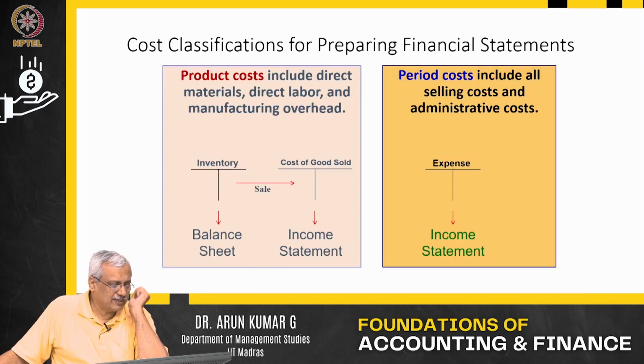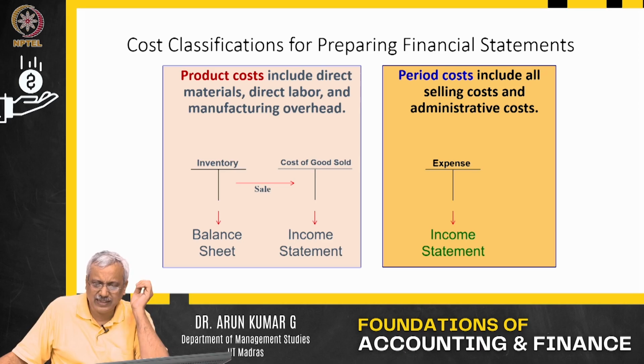After your cost of goods sold, I have what is called other costs. That is what we look at in cost classifications. There is something called product cost, there is something called period cost. Now we come to non-manufacturing costs, that is what we call selling and administrative costs.